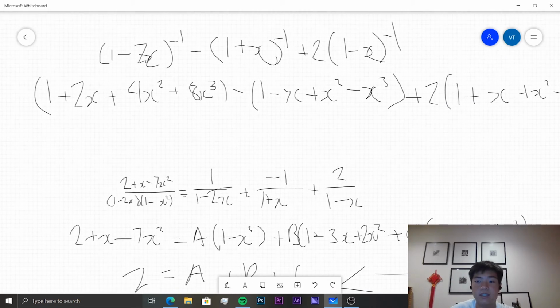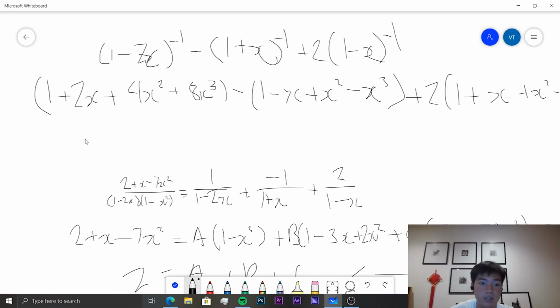So if we add all of these terms up, we get 1 minus 1 plus 2, which is 2. 2x plus x plus 2x is plus 5x. 4x squared minus x squared plus 2x squared is equal to 5x squared.